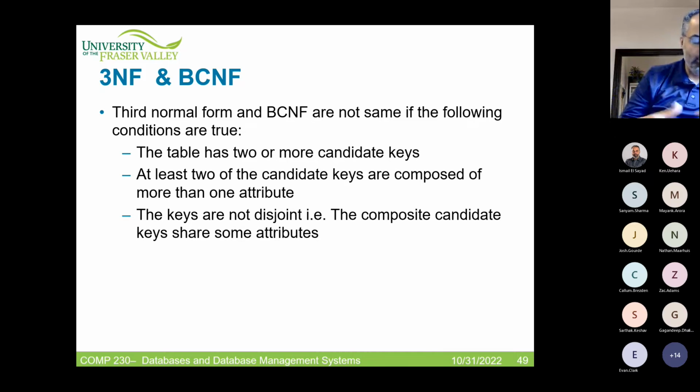Because if I have only one candidate with only one attribute, then there is no relationship between them to be considered. So BCNF here makes no sense to use. And we should have these cases where we have more candidate keys, and we have a relationship, and we have composite candidate keys sharing some attribute, to see the difference between third normalization and BCNF, and to choose which one is better compared to the other in this case.